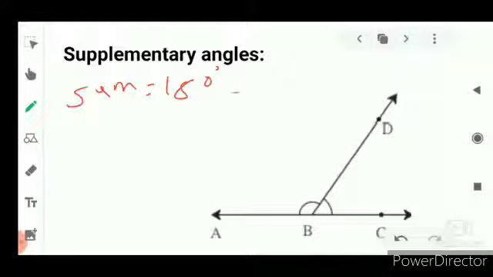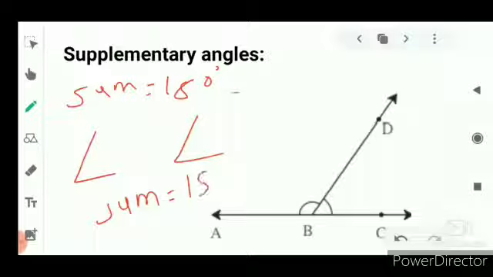For example, here the two angles are given, angle ABD and angle ABC, which are forming the linear pair, means their whole sum is 180 degree. So here angle ABD and angle DBC are said to be supplementary because their sum is 180 degree. Or in other words, if any two angles are given to you, and if their sum becomes 180 degree, then they are said to be supplementary angles.